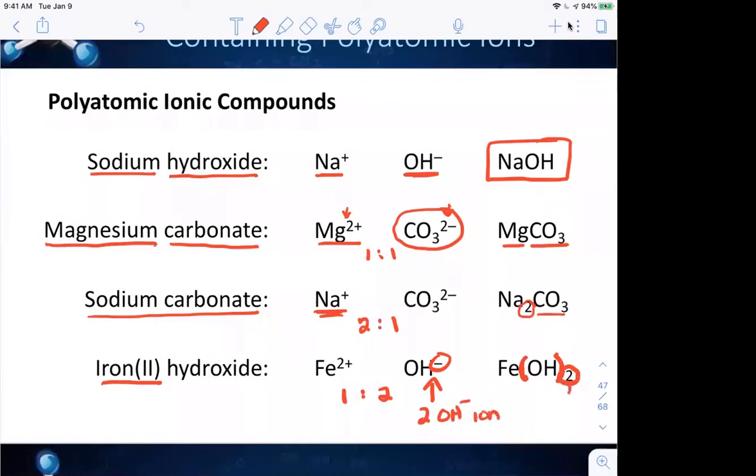This tells me I have 2 of those ions. So when I have more than one polyatomic ion, I put the ion in parentheses, and then the number of ions present in the compound is a subscript that is located outside the parentheses. So basically that tells me I have an iron 2+, and then I have 2 OH minuses. And that's how I get to that formula.